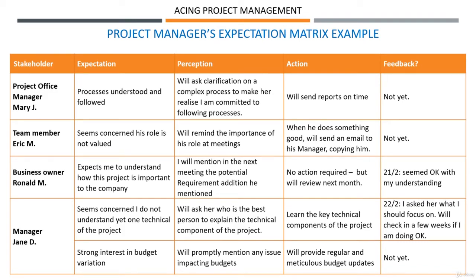Project managers are often reticent, of course, and rightfully so, to any new change, but that could be a good opportunity for me to really show that I'm working with him. So I won't take any concrete action at this stage, but I will review next month. And the 21st of Feb seemed okay with my understanding of the business, so that already gathered some good feedback here.